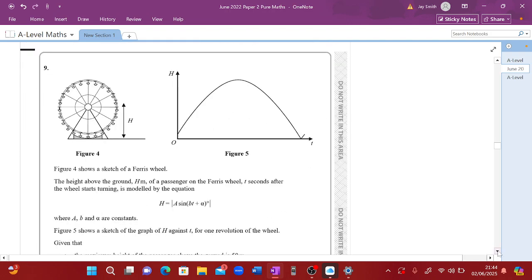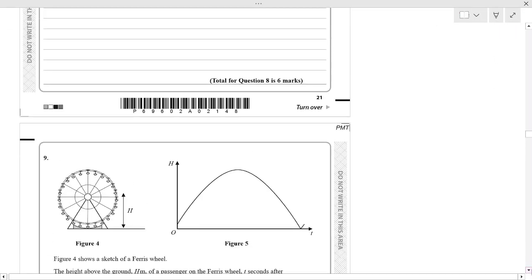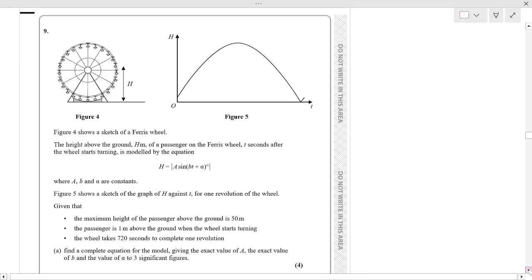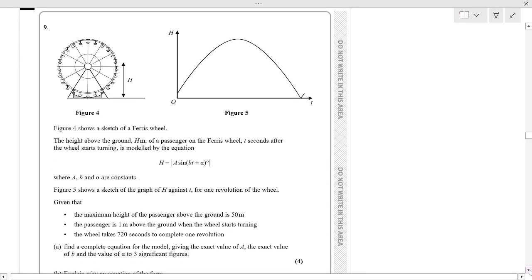Okay, this one I am going to do in more detail. So we are given, let me zoom in now, this little modeling with trig question.